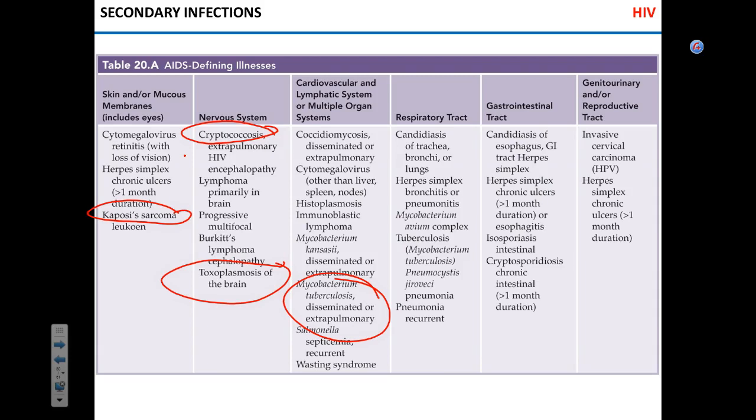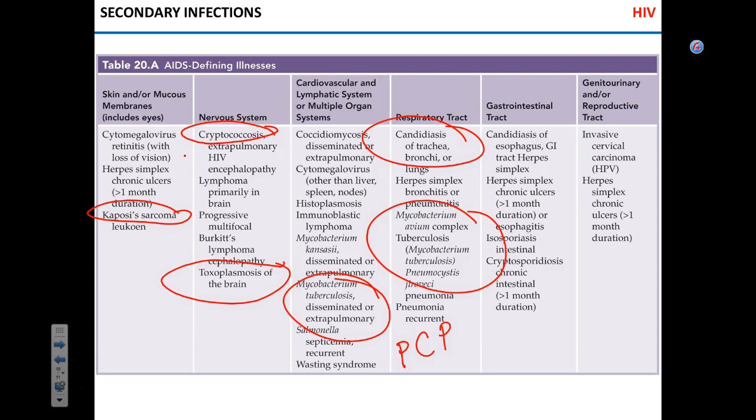Respiratory, tuberculosis, any mycobacteria actually, and candidiasis. Okay. One that is not on the list, I'm going to give you an acronym, you will see it in the clinical practice, called PCP, Pneumocystis carinii pneumonia. It's a hallmark infection.